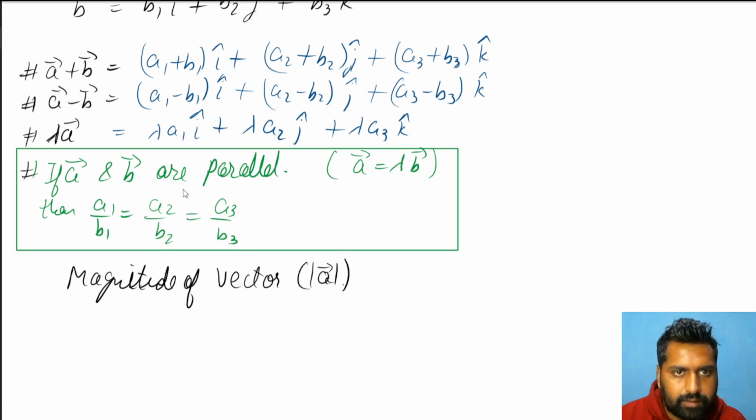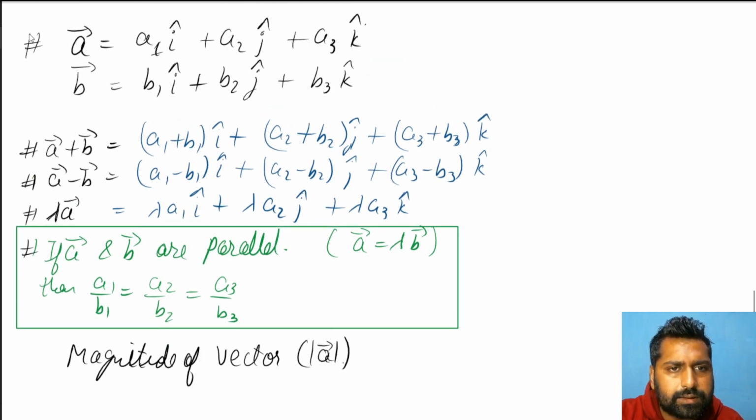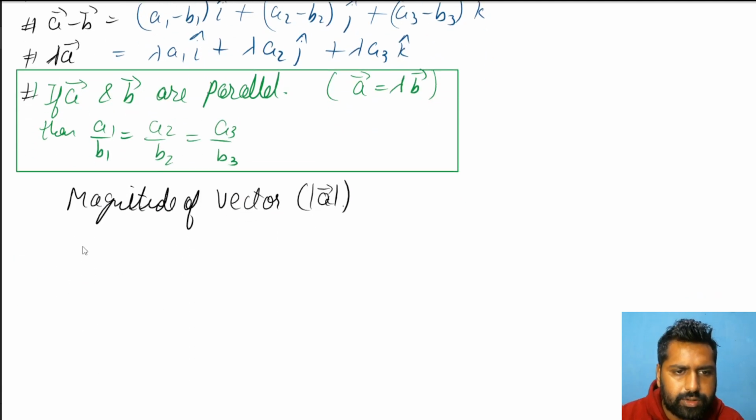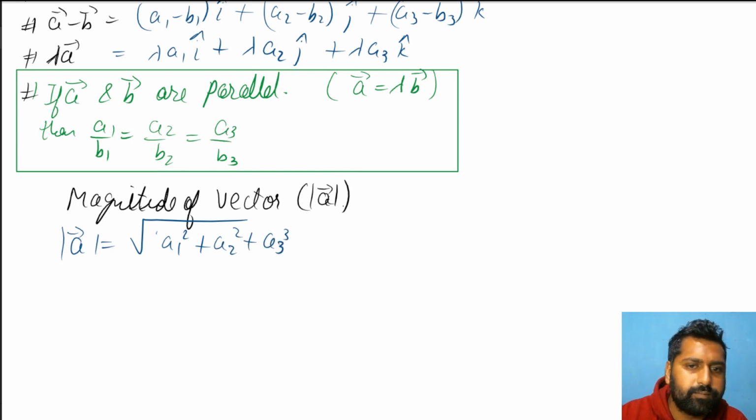Our vector was a1 i, a2 j, a3 k. You just add each component square: a1 square plus a2 square plus a3 square, and take the root. This is how you can calculate the magnitude of a vector.